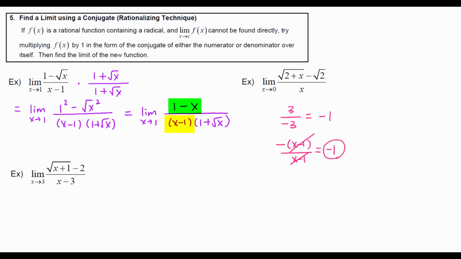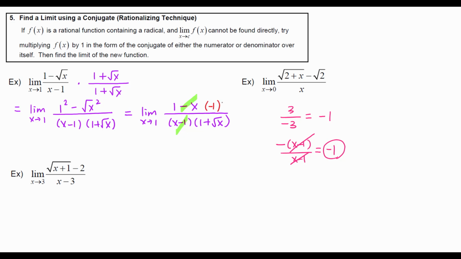So when you notice that they are opposites, I don't even necessarily ask you to rewrite that as a negative of parentheses x minus 1. You can just cancel the common factor that is opposite, and all you have to do is make sure to write the negative 1 factor on the top.